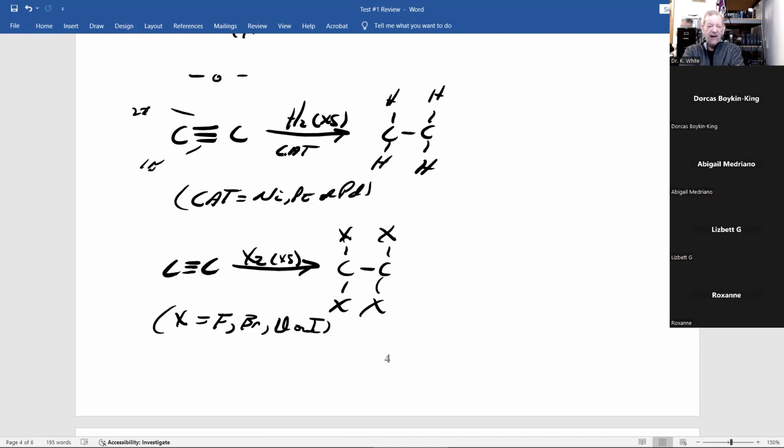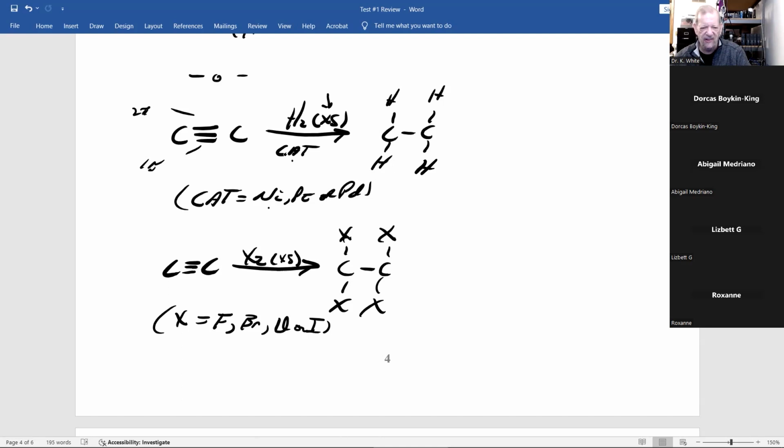Because you need 2 molecules or 2 moles of hydrogen. Well, we use the letters XS in brackets, and that means excess. You have, in this case, all the hydrogen in the world that can react with a triple bond. And now we don't have to balance it or even show it as balanced.